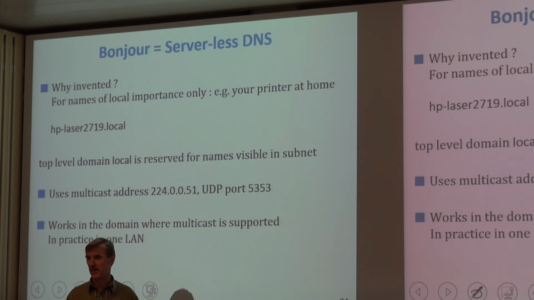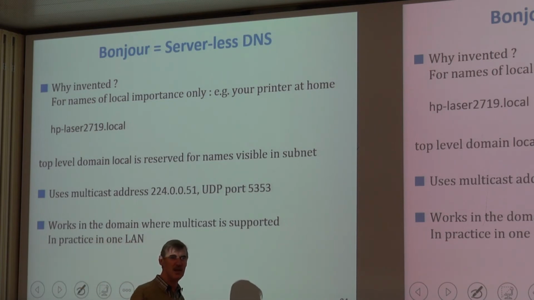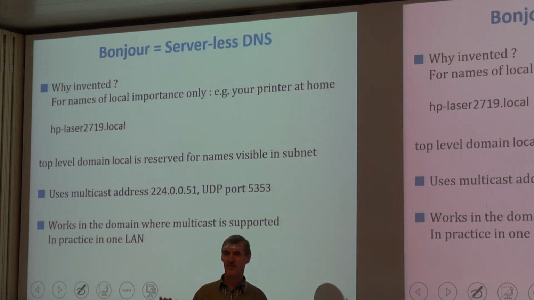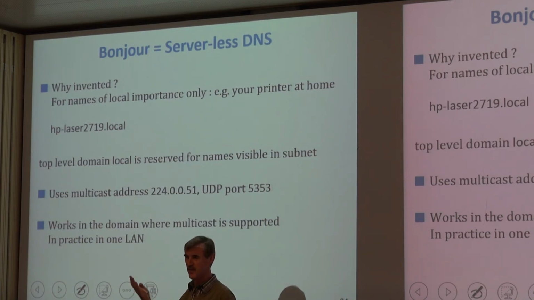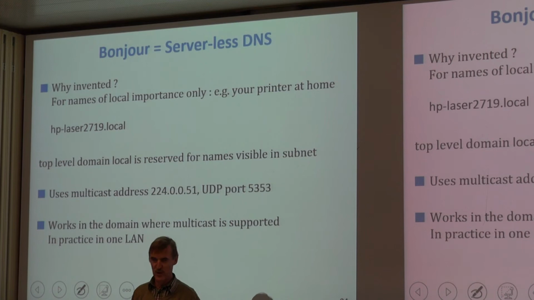I want to find the MAC address corresponding to an IP address. I change the IP address for a DNS name, it's the same problem. With ARP, we shout around who has this IP address. You can do the same with DNS. You can shout around who has the IP address corresponding to myprinter.me.athome.